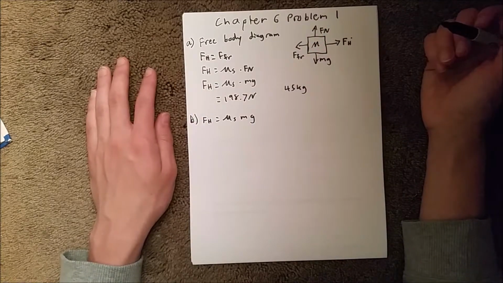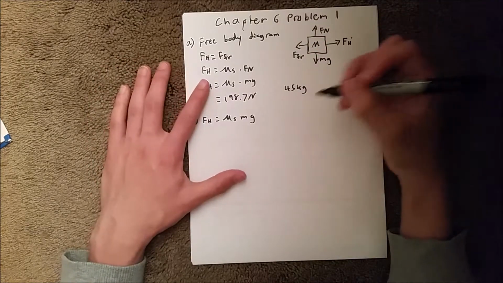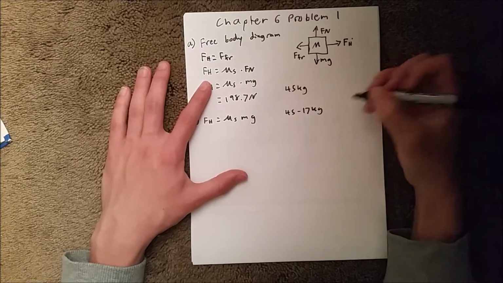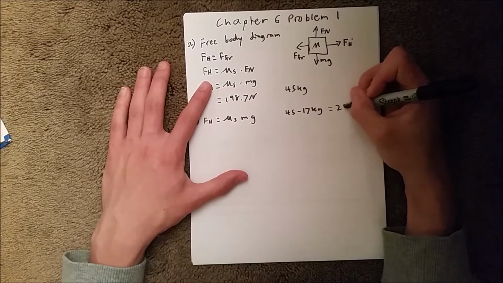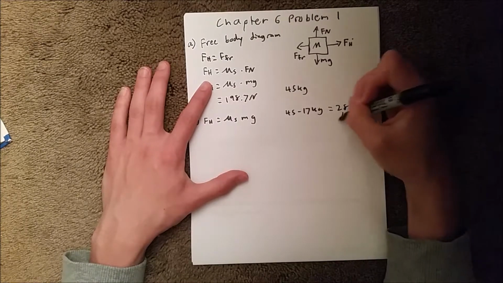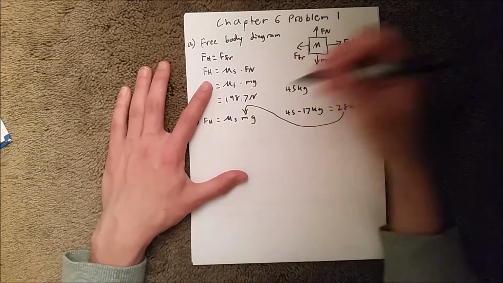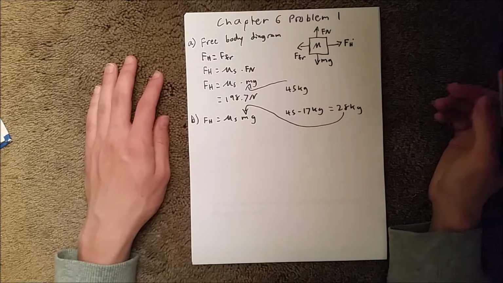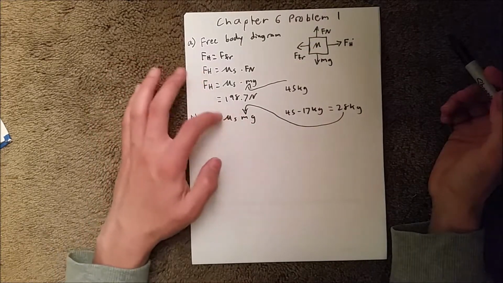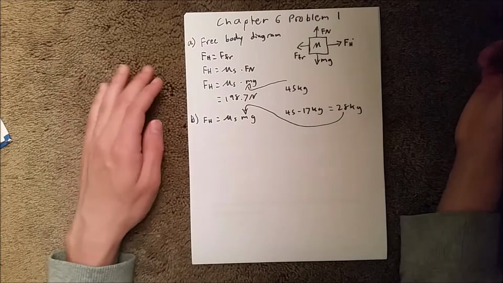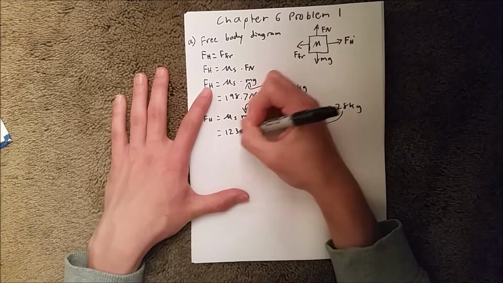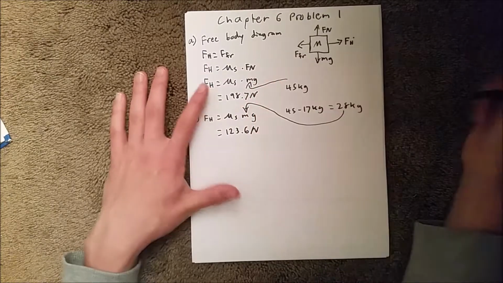And since 17 kilograms is removed, we have to subtract 17 from here, which is going to be 28 kilograms. Which you're going to plug in right there, in place of 45. But these other two values will remain the same. So when you plug that in, you should get 123.6 newtons.